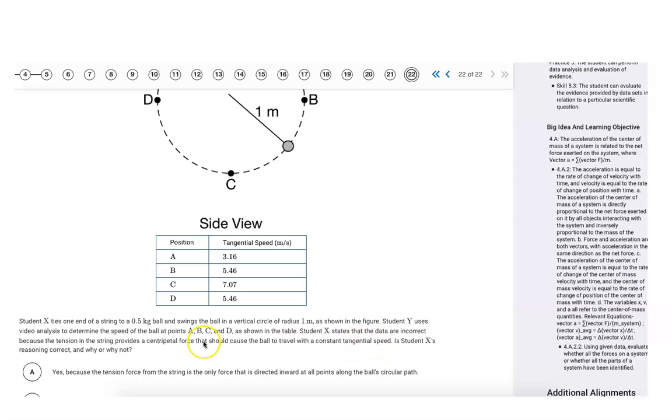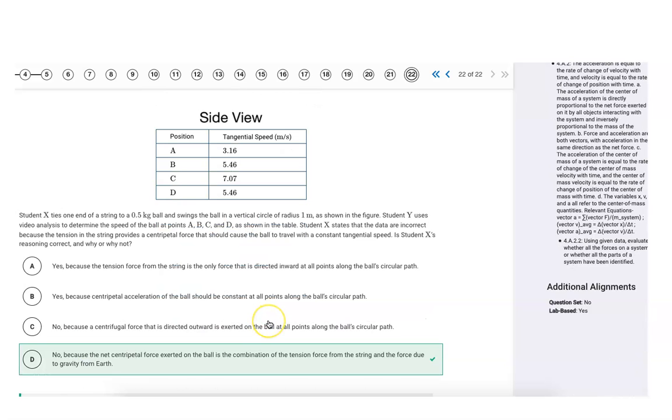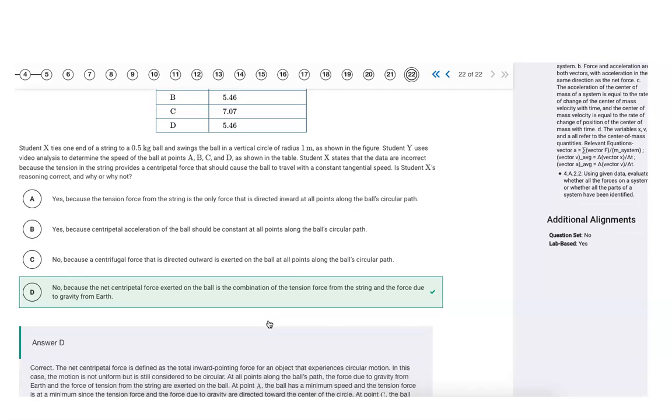However, student X is incorrect in stating that the tension provides the centripetal force, because it's a vertical circle, and the combination of tension and gravity provides the centripetal force, not just the tension. It's a little bit of a tricky question in my opinion, but the correct answer is D.